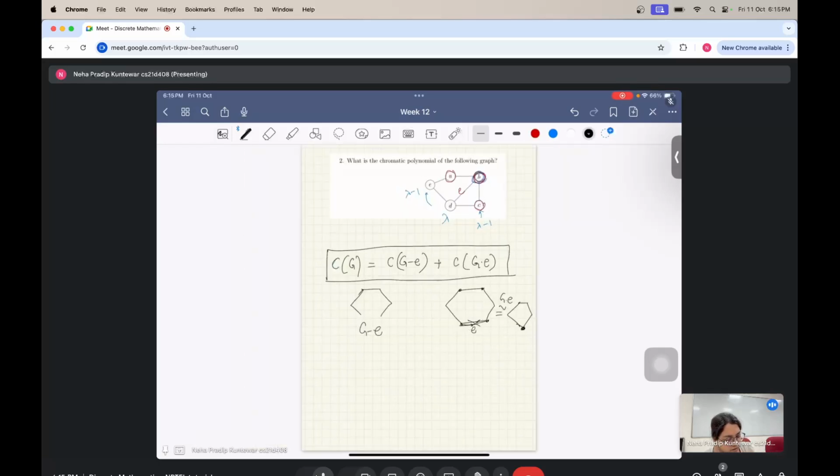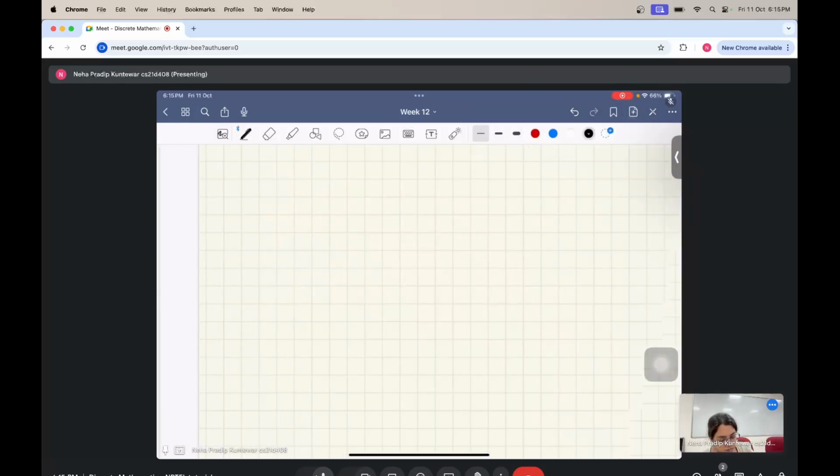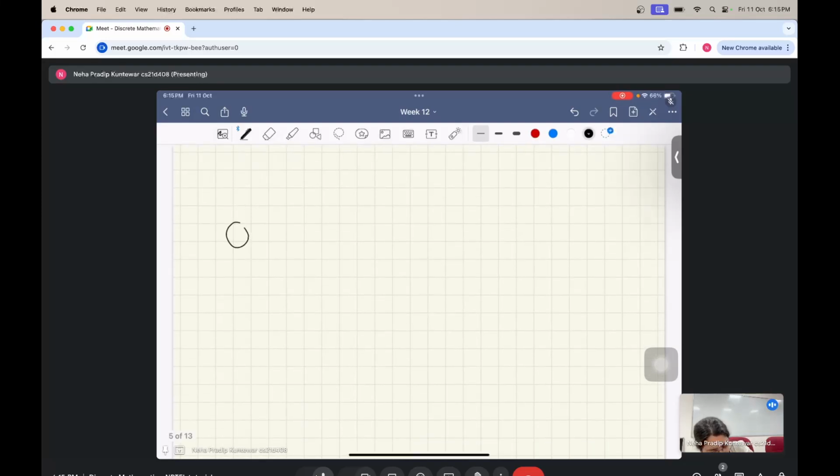I'll get a new page. So this is the graph that I have, and I'm talking about this edge here.